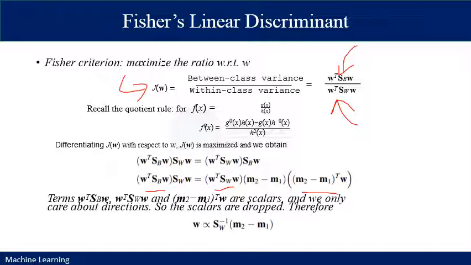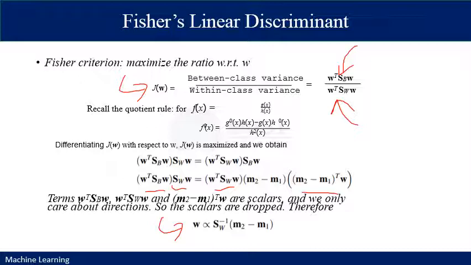Applying the within-class variance inverse on both sides, we get the resultant weight, which is directly proportional to the inverse of the within-class variance times the difference of the two means.